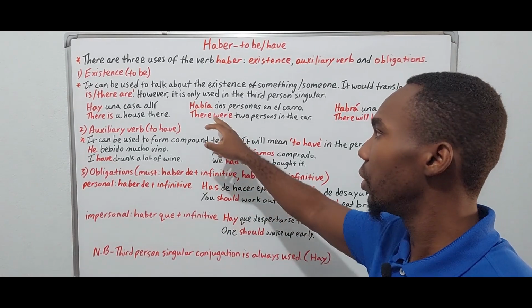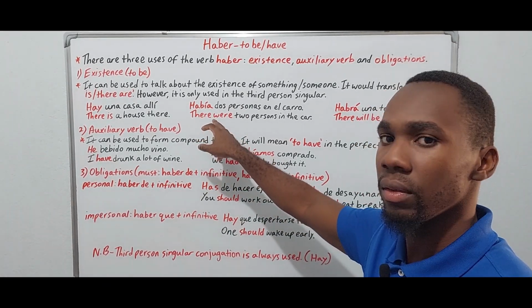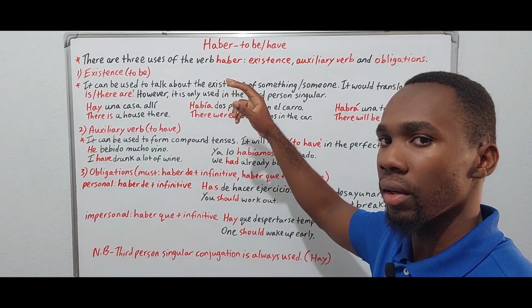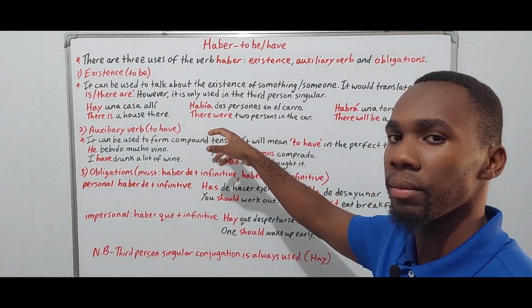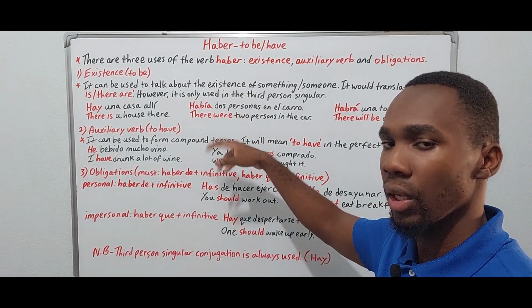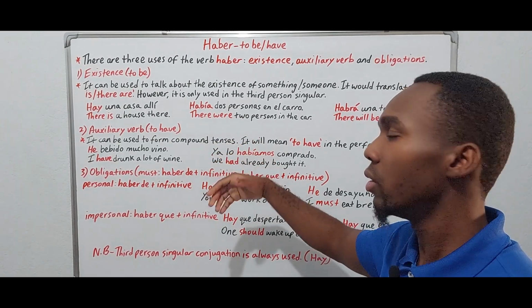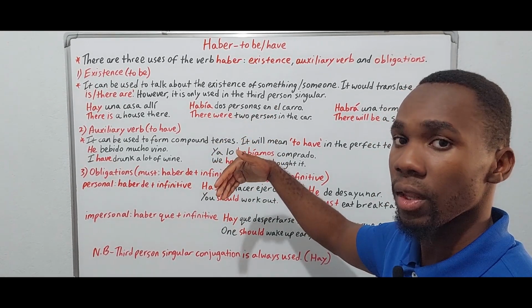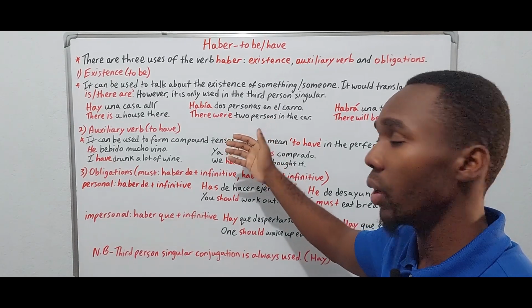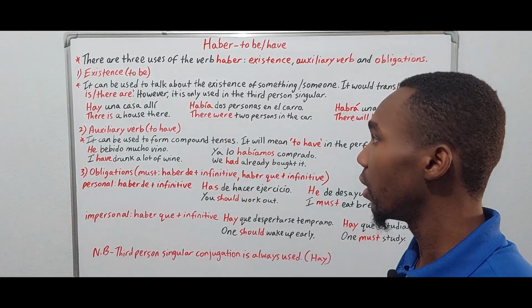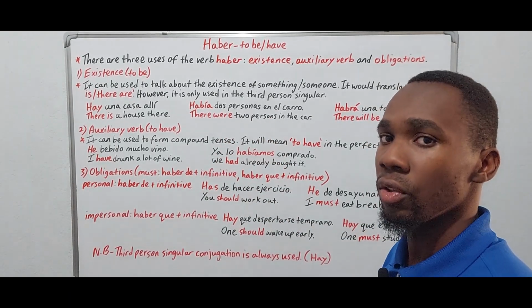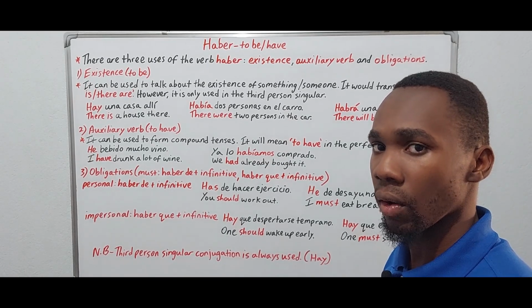If we were to put haber in the plural form, third person plural, it would be wrong. Because remember, we only use haber in the third person singular when we are talking about existence. Therefore, había dos personas en el carro.